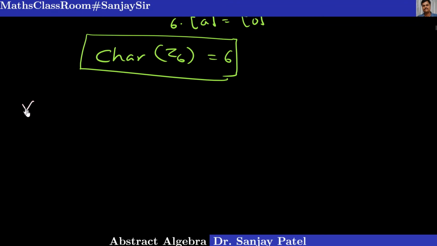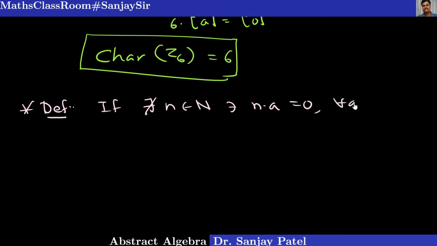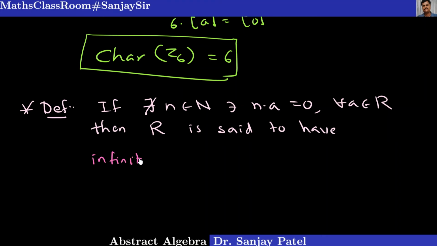definition. Let me write this way. If there does not exist n belongs to N such that n into a equals 0 for every a belongs to the ring R in the above definition, then R is said to have infinite or 0 characteristic.